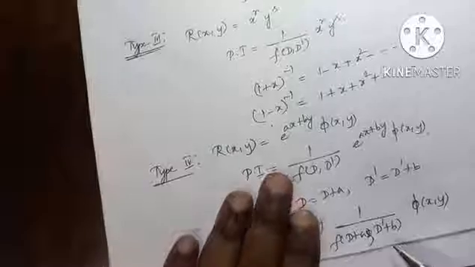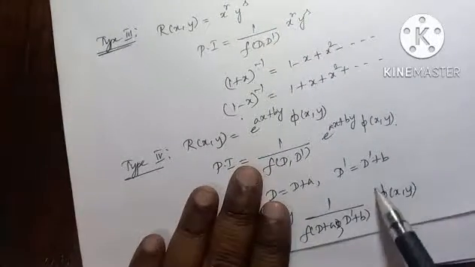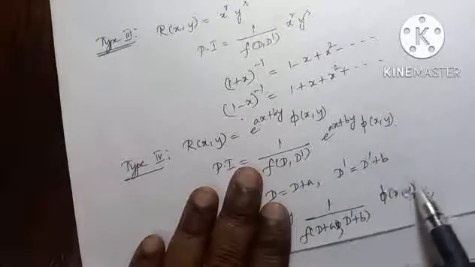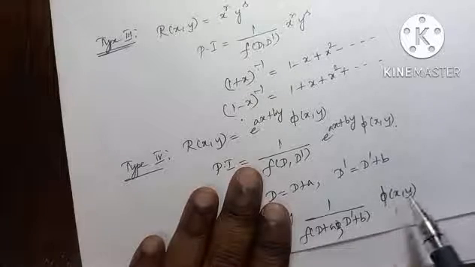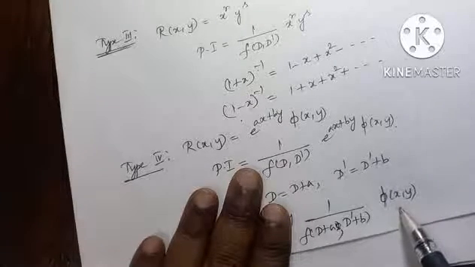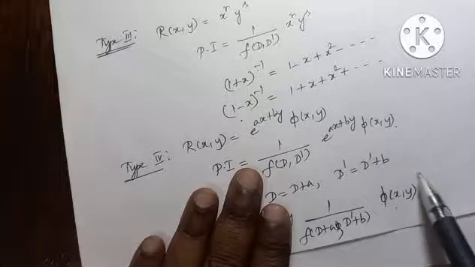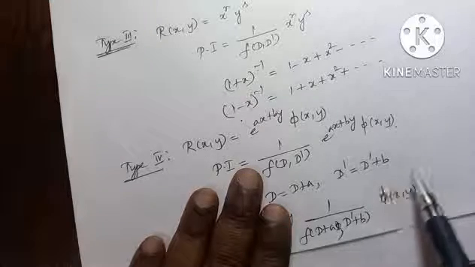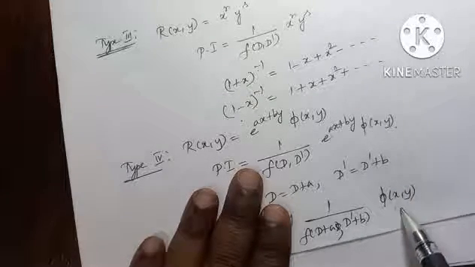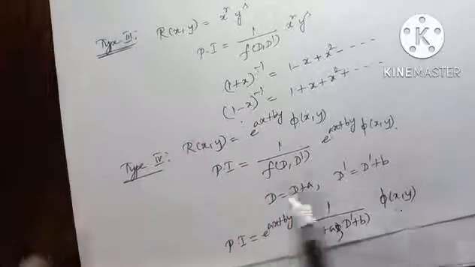How do we proceed? If it is trigonometric, sine of ax plus by or cos of ax plus by, proceed by type 2. If it is x power r or y power s, proceed by type 3. Okay, you will get the answer. This is type 4.